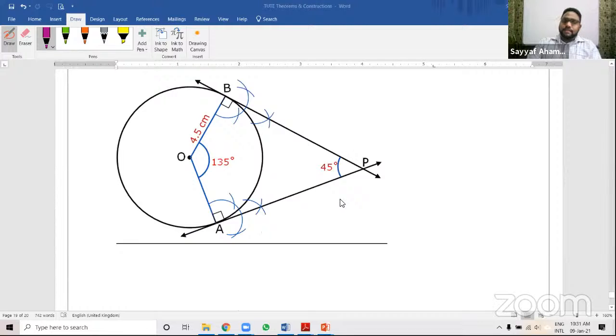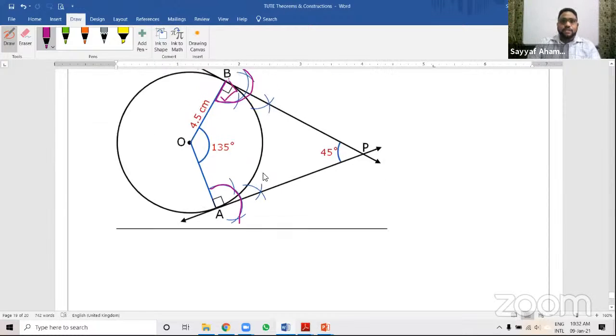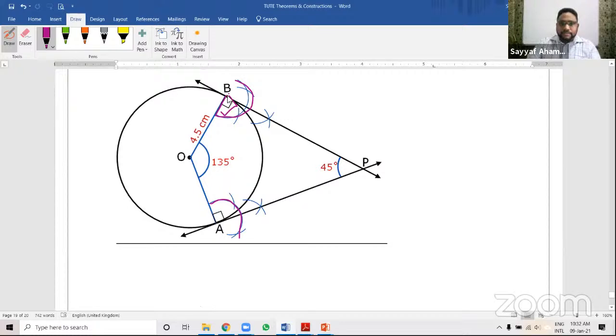Okay, so when you look at this, you will have a circle, and what we need is the tangent drawn from an external point, right? As you can see, we will draw arcs here and here, and then using that, we will draw an external line. So we need to make sure this is 90 degrees, because we know the line that touches at the point of contact is 90 degrees to the line that comes from the center of the circle.